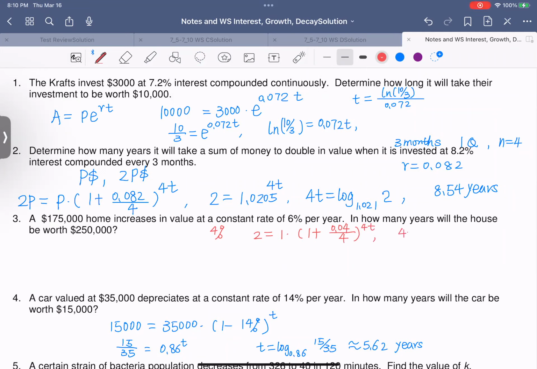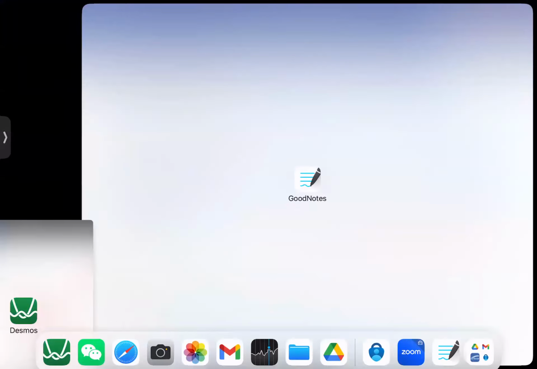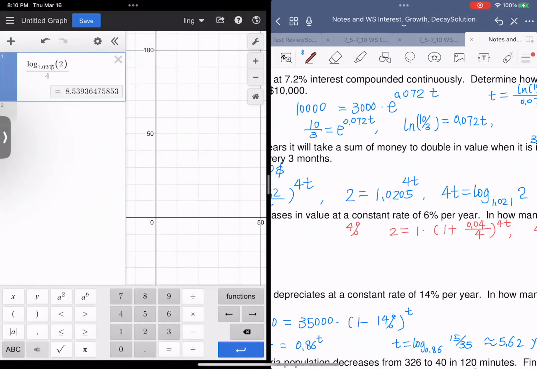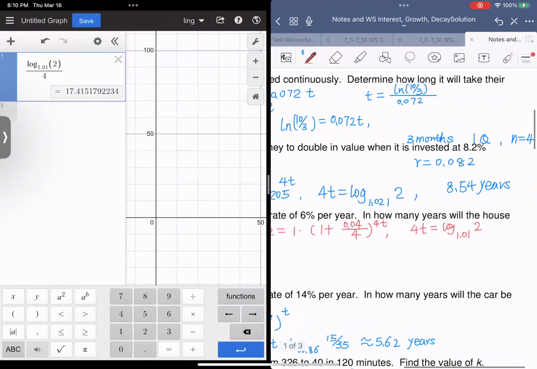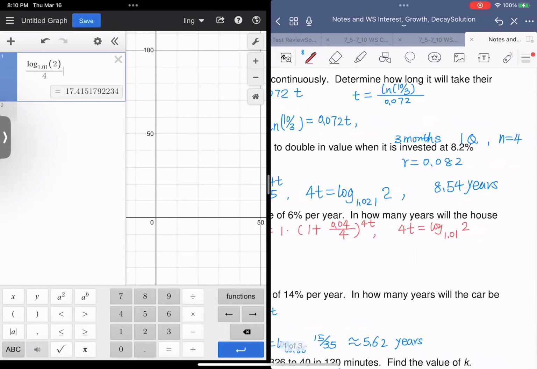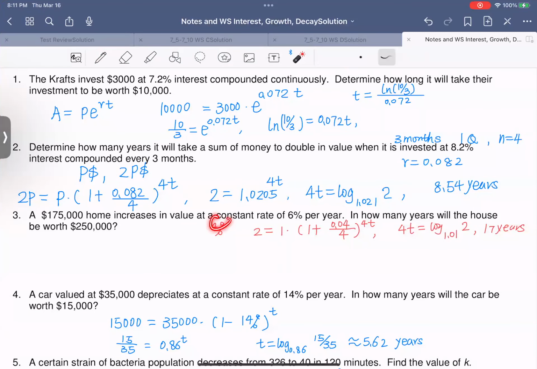So 4t is log base 1.01 of 2. If I change this to be 1.01 and then 2, this takes 17 years. Did you see? With the normal bank interest rate, which is 4%.